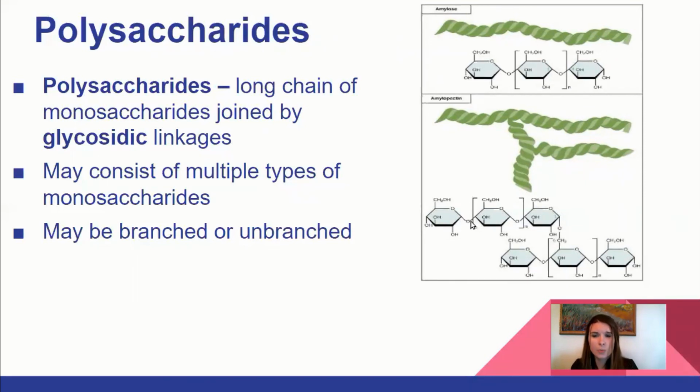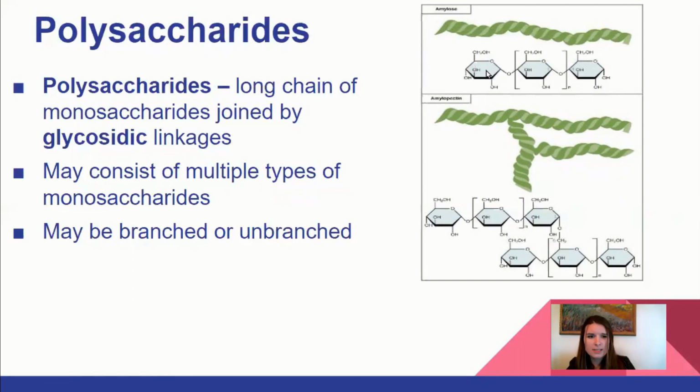Okay, so polysaccharides can also come in multiple forms. So some of them are going to be linked all together just in one chain. We call those unbranched polysaccharides. So unbranched, just linked hand to hand to hand.